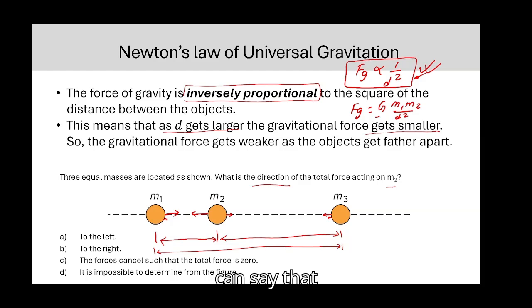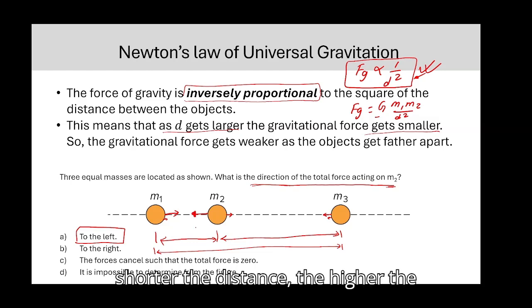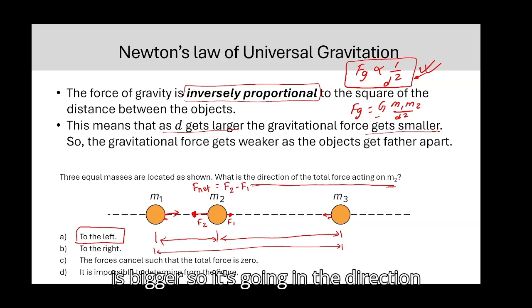So the direction of the total force acting on m2 will be to the left, because the shorter the distance, the higher the force. If this is F1 and this is F2, the net force on m2 is F net equals F2 minus F1, and since F2 is bigger, it's going in the direction of the F2 force.